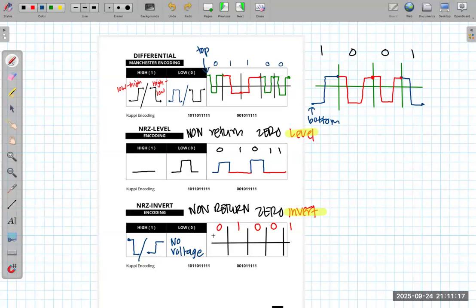Sorry, 0 in the sense it doesn't do anything, no voltage. There is no voltage at all. If it's a 1, top to bottom. If it's a 0, there is no voltage. Just nothing, doesn't do anything. And when there is 1, it goes from low to high. It does the opposite. Either high to low or low to high.